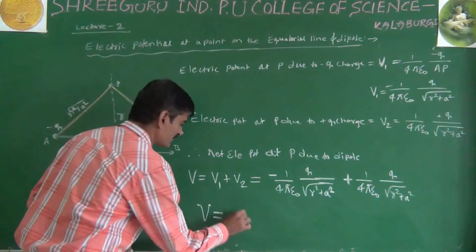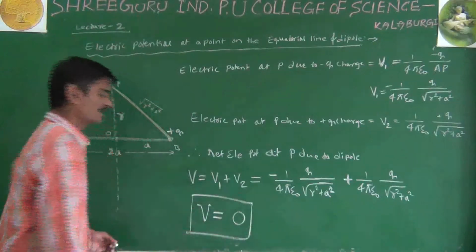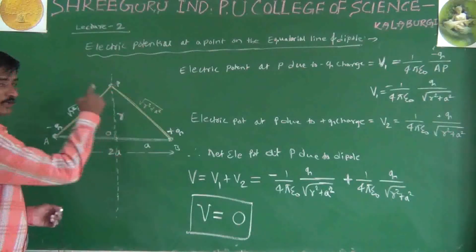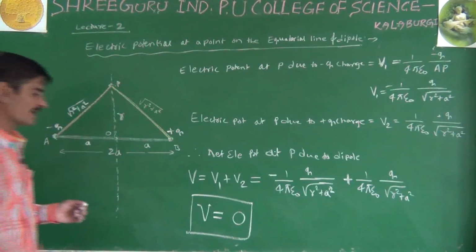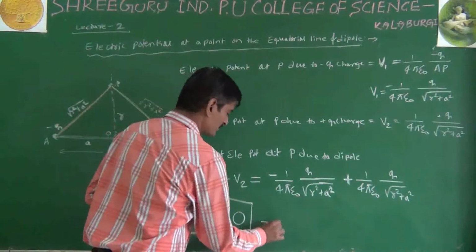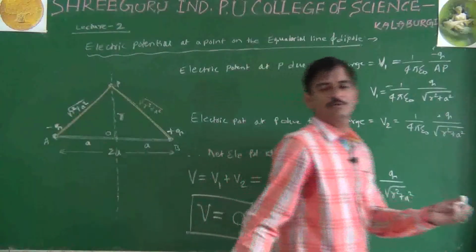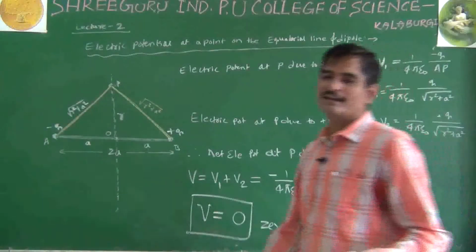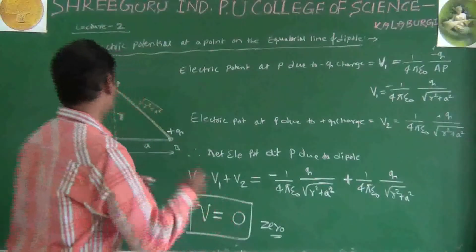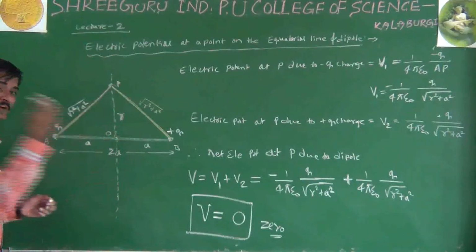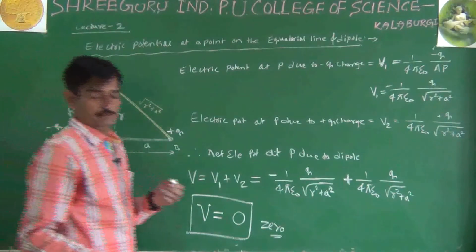So the electric potential on the equatorial line due to an electric dipole comes out to be 0. You won't get any electric potential on the equatorial line, but the electric field will be there. There will be an electric field which you have already derived in the first chapter.